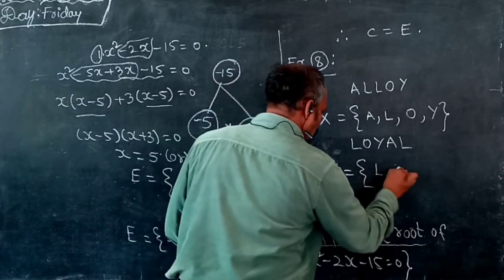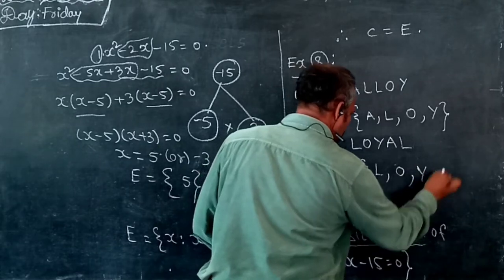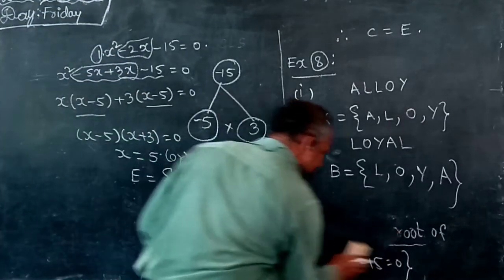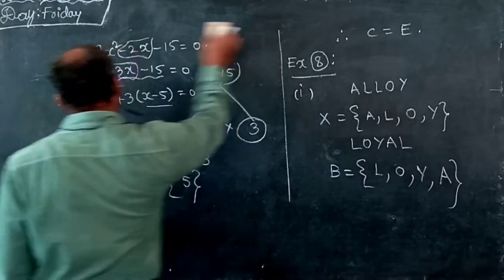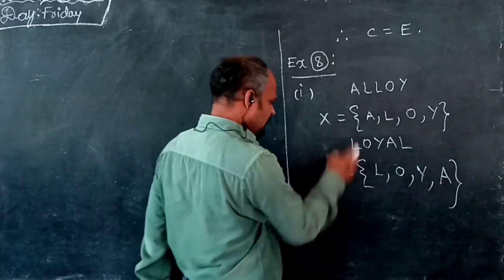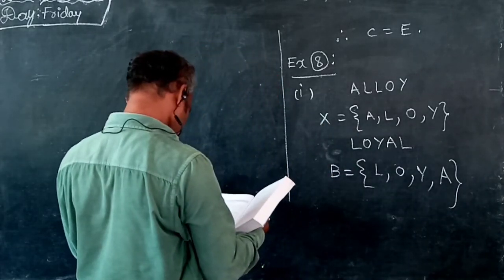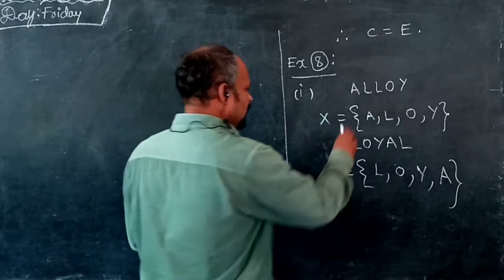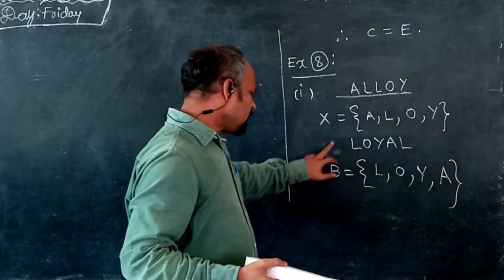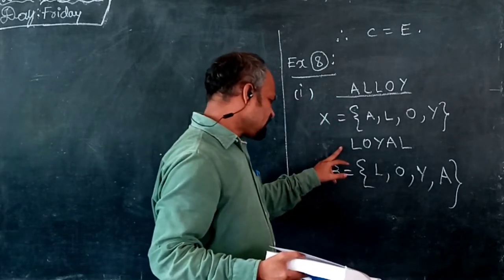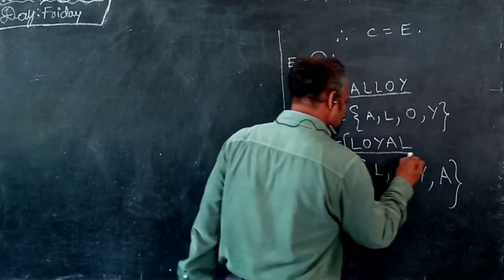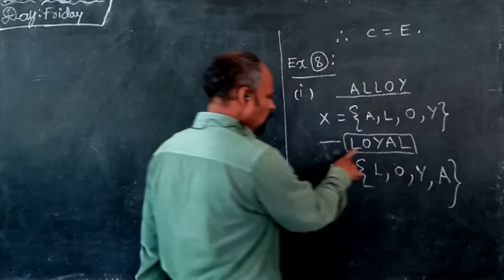So from this I will write the set B: L, O, Y, A. Now you can observe these two sets X and B. X is a set which consists of all the letters present in the word alloy, and B is the set which is formed from the letters of the word loyal.